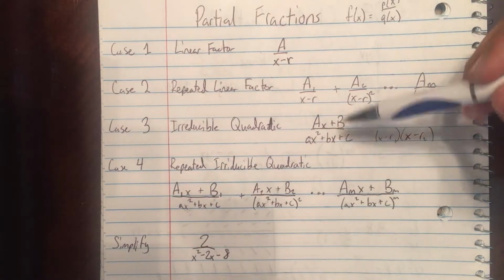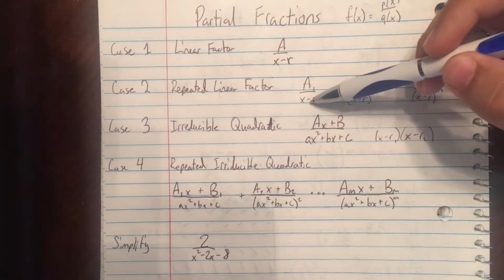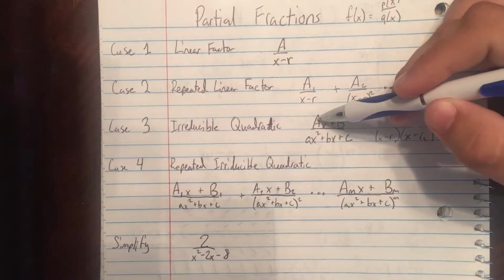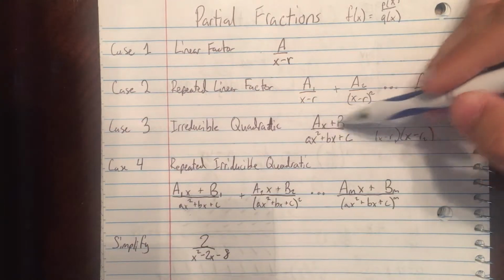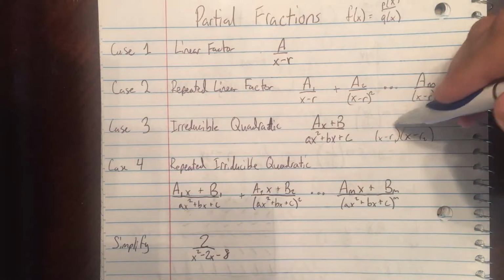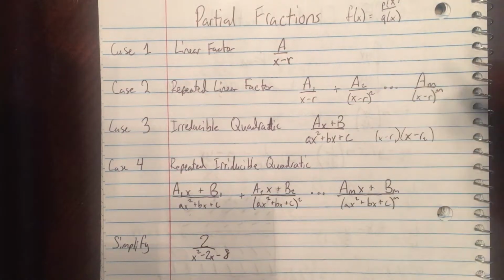I think of this very similarly to a derivative, because the derivative of this would just be some constant, so we put a. The derivative of this would be some linear function ax plus b, and we're going to set that equal to p of x over q of x, and we'll show you how to do that later on.